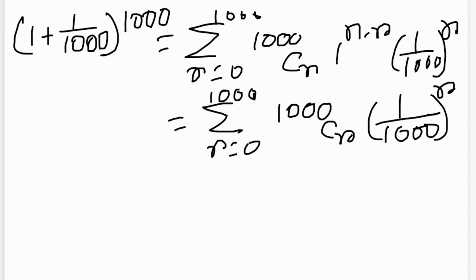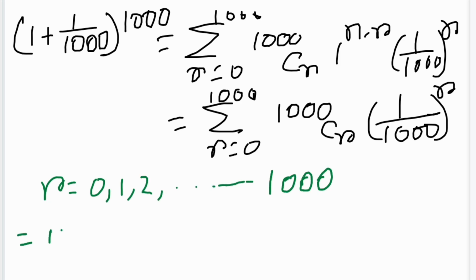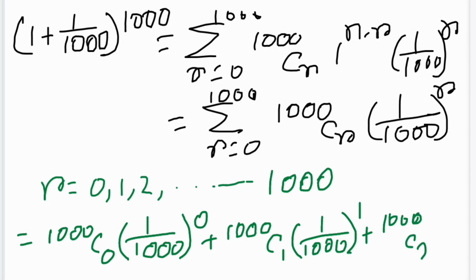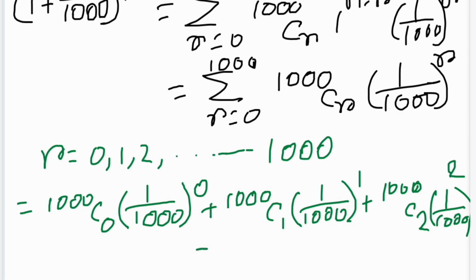Now let's expand it. So let's put the value of r equal to 0 till 1000. So we'll get 1000C0 into (1 over 1000) whole raised to the power 0, plus 1000C1 into (1 over 1000) whole raised to the power 1, plus 1000C2 into (1 over 1000) whole raised to the power 2, right?